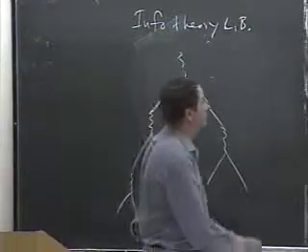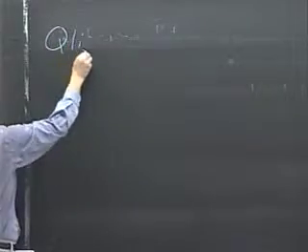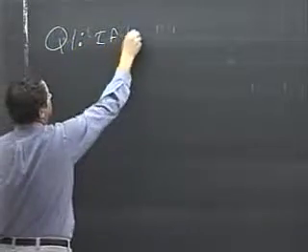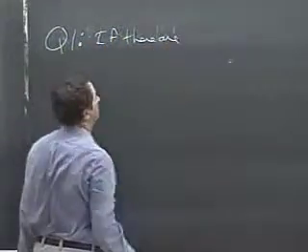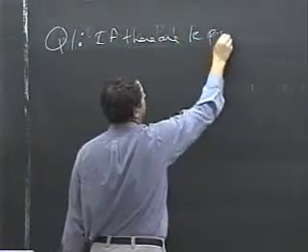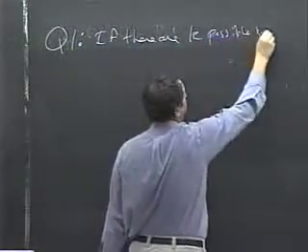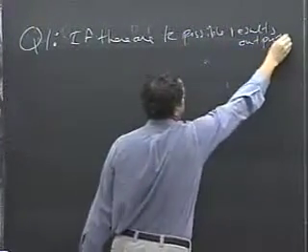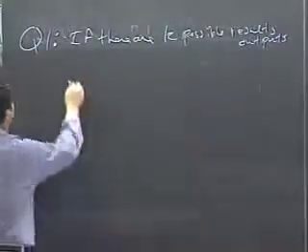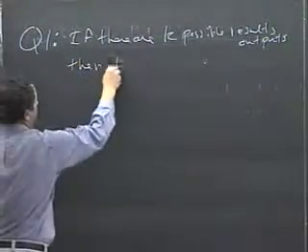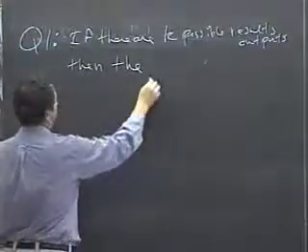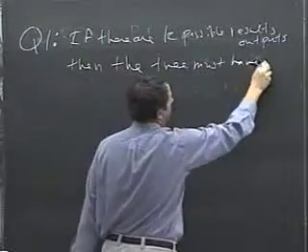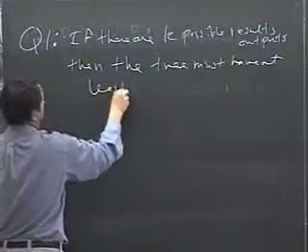Okay? So we ask the following question. First question. Well, if there are, I'm making this a little more general, if there are k possible results or outputs, all right, then the tree here must have at least k leaves.